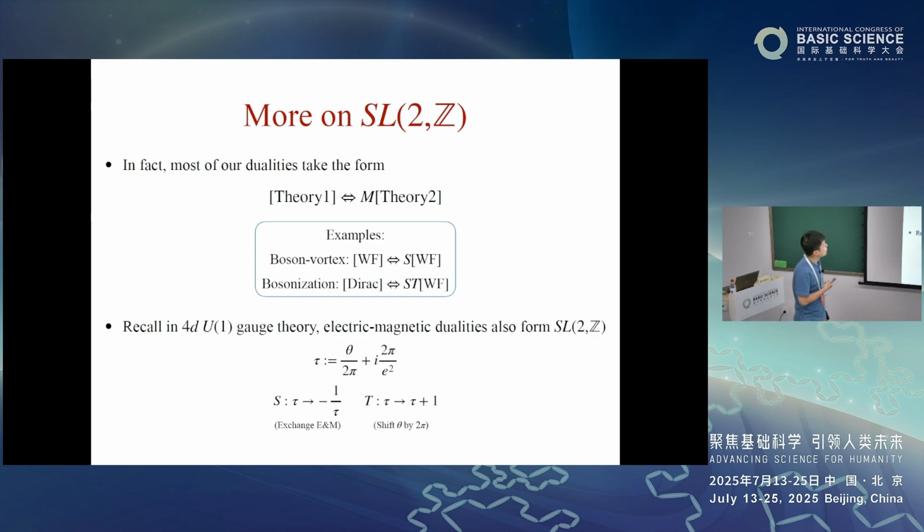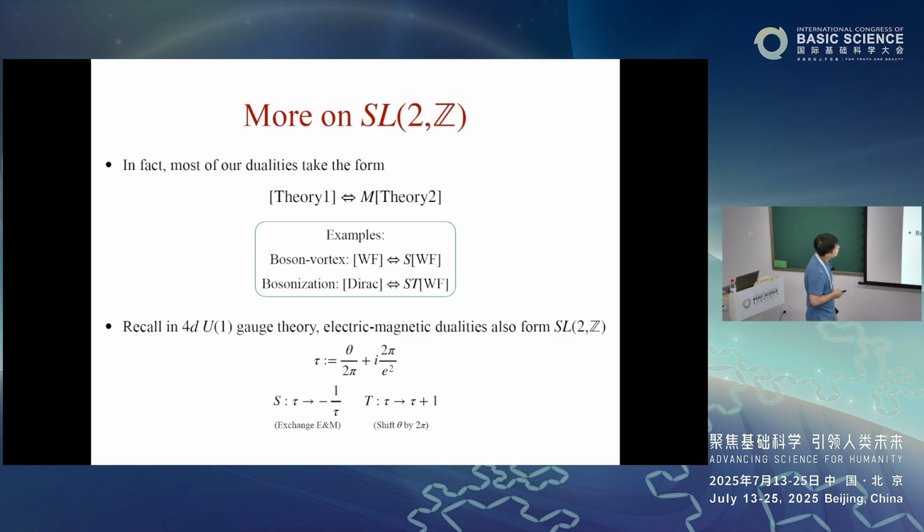For example, the boson-vortex duality is saying that the Wilson-Fisher boson is dual to Wilson-Fisher acted on by S, because S is just gauging the U1 symmetry. And this 3D bosonization is saying that the Dirac fermion is basically Wilson-Fisher: you first perform a T, which is adding a Chern-Simons term, and then perform S, which is gauging the U1. So all these dualities end up being pretty compact expressions like this.